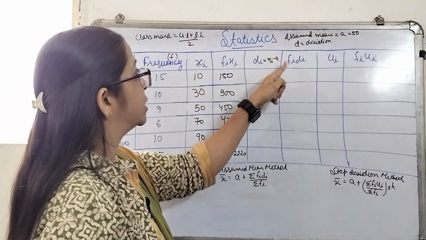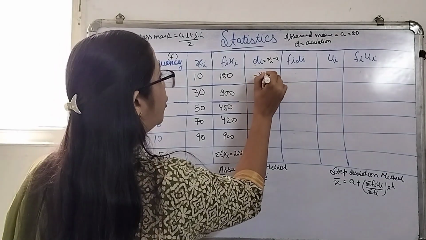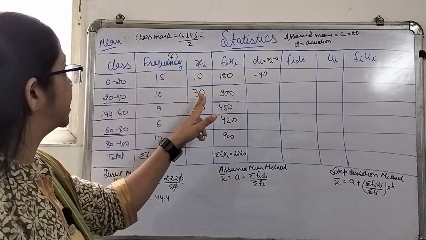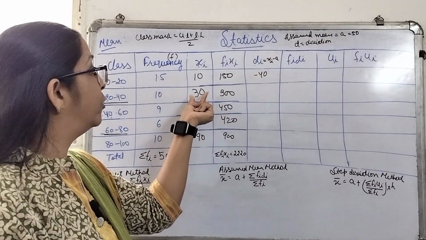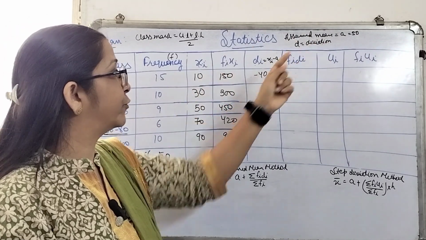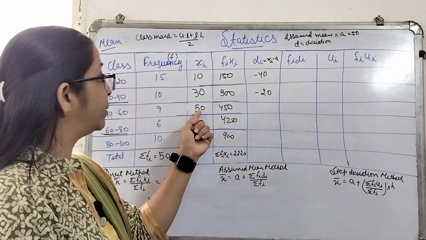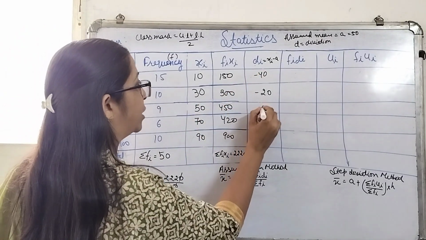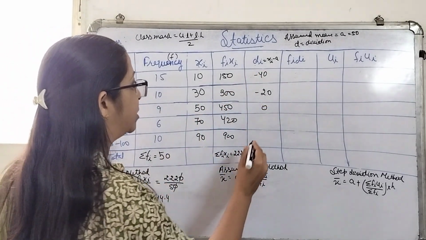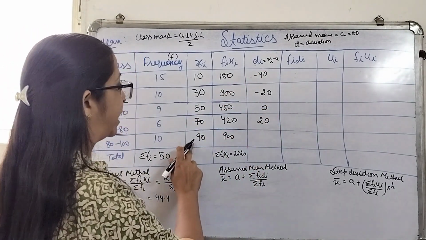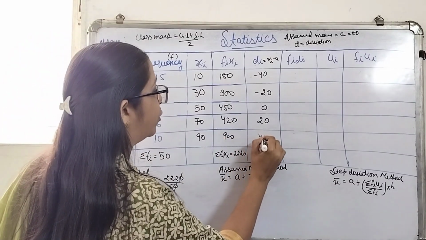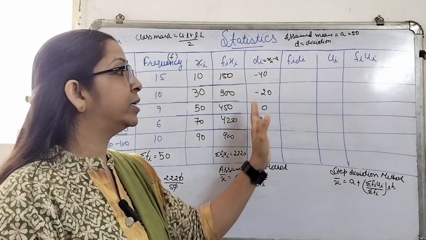So 10 minus 50 will be minus 40. Similarly, for this class interval xi is 30. From 30, if we subtract 50, it will give us minus 20. Now 50 minus 50 gives 0. 70 minus 50 gives 20. 90 minus 50 gives 40. So this is the value of the deviation.